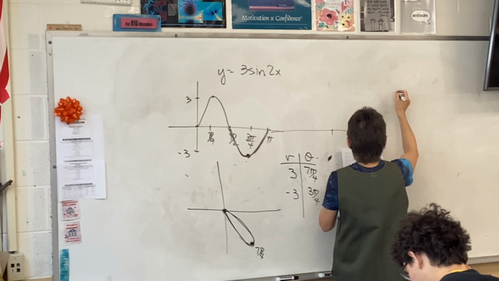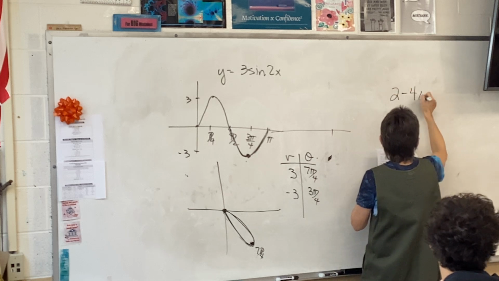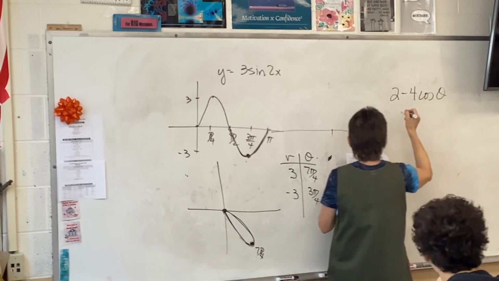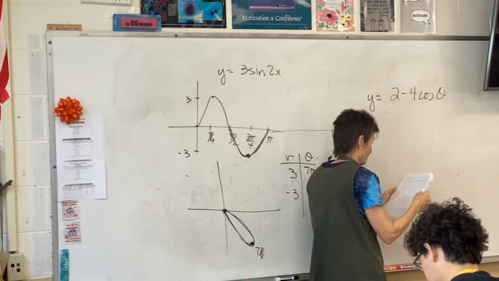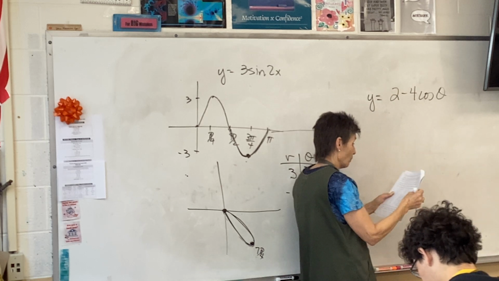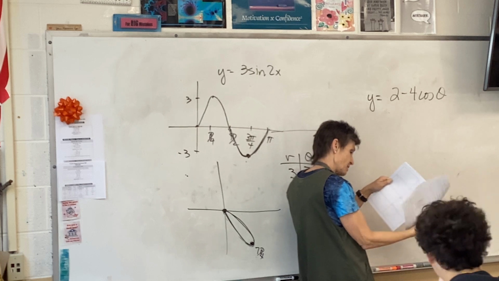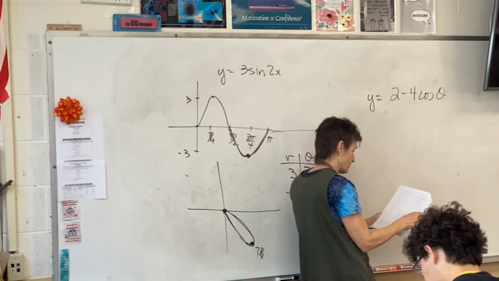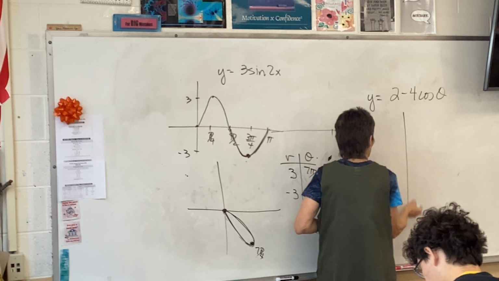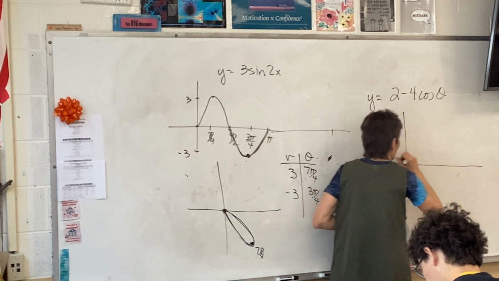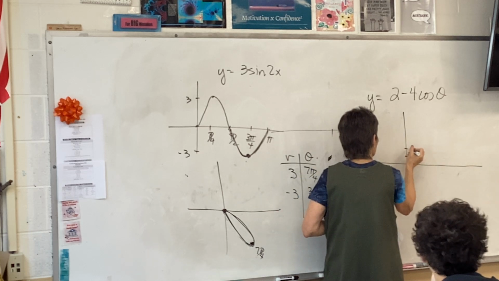2 minus 4 cosine theta. I don't see that drawn. It tells us at the top, that's helpful to sketch it. I draw everything, but he normally includes a graph, but I don't see it here, so we're gonna go ahead and do it. So, what's this gonna look like? What's its midline? 2.